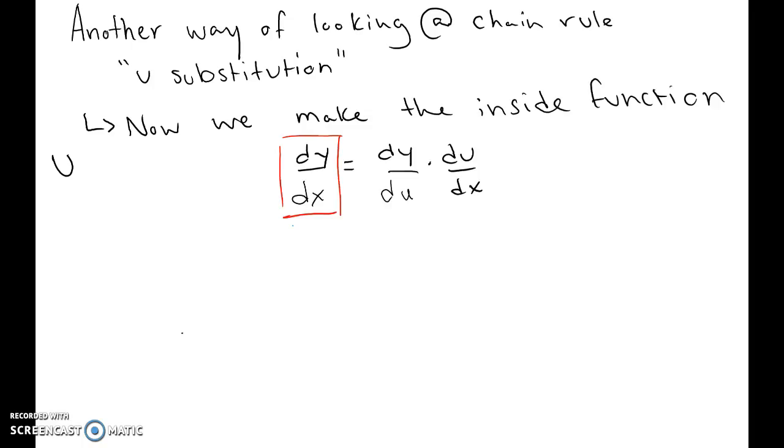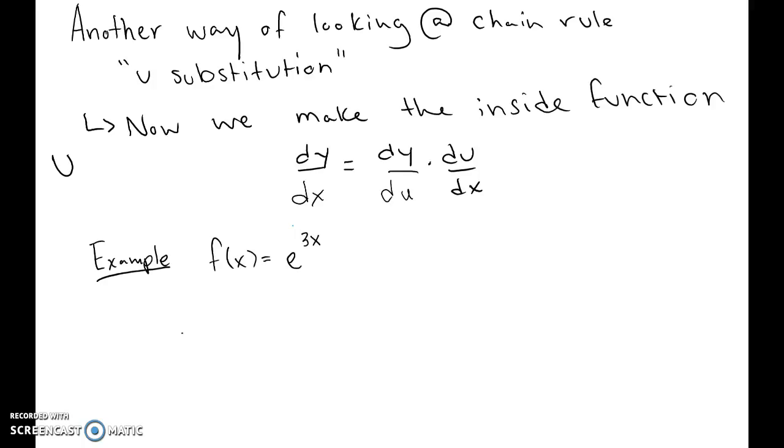Alright, so here's an example that we're going to discuss. Let's say we've got the function f of x is equal to e to the 3x.